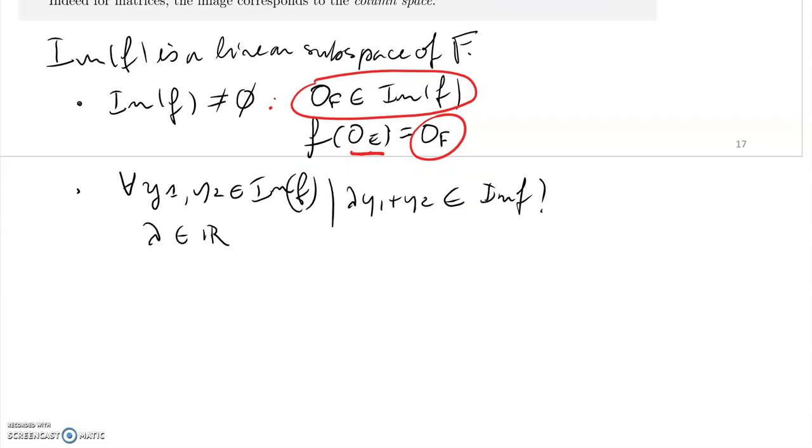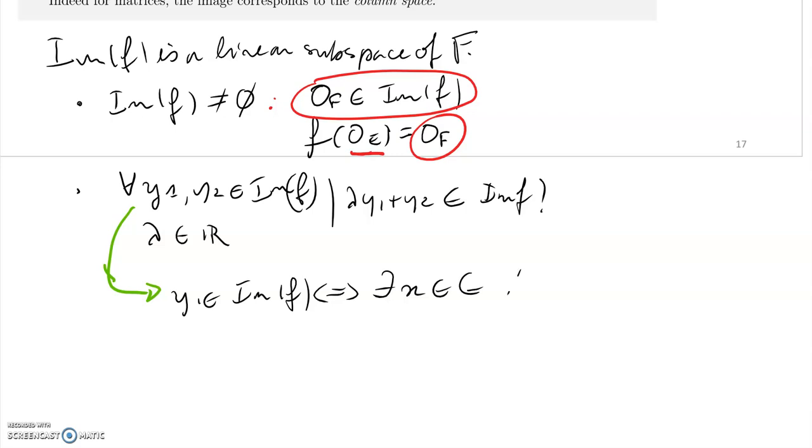So let's first translate what it means to have y1 and y2 in the image of f. y1 belongs to the image of f means that there exists x in E, let's call it x1, such that f of x1 is equal to y1.